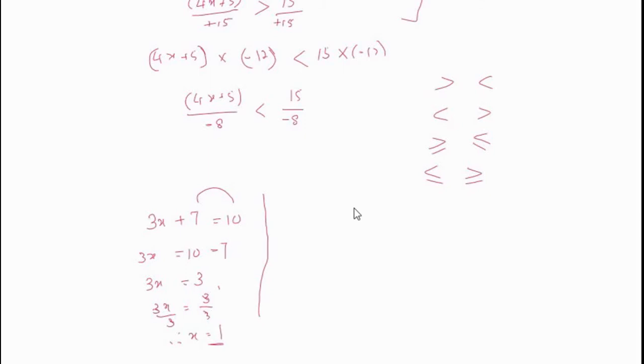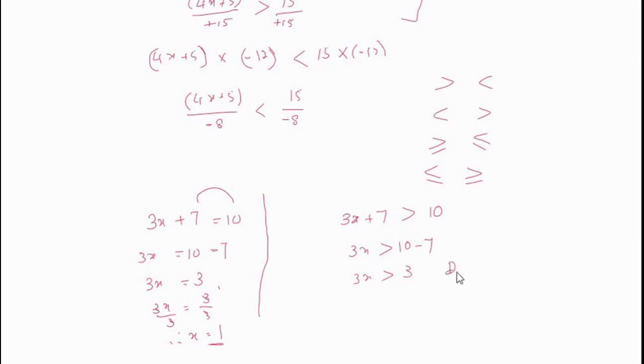Now let us consider the same expressions as a linear inequation: 3x plus 7 greater than 10. Solving this inequation, 3x greater than 10 minus 7, so 3x greater than 3.